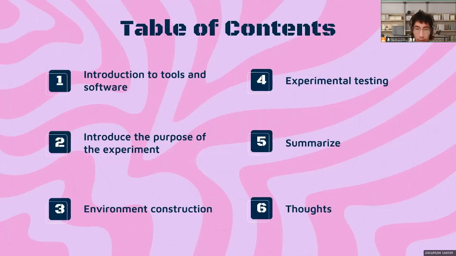After that, we will demonstrate the experiment, which is environmental construction and environmental testing. Then we will talk about the summary, what we have found and discovered in this experiment. After that, we will express some thoughts and feelings after finishing this experiment.